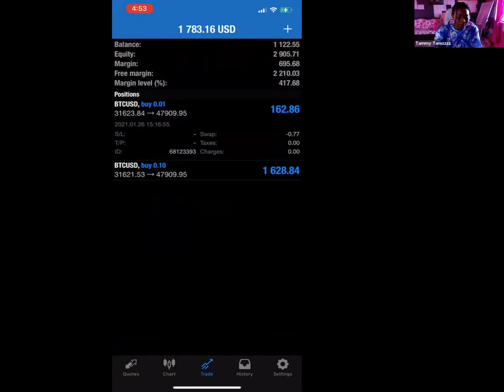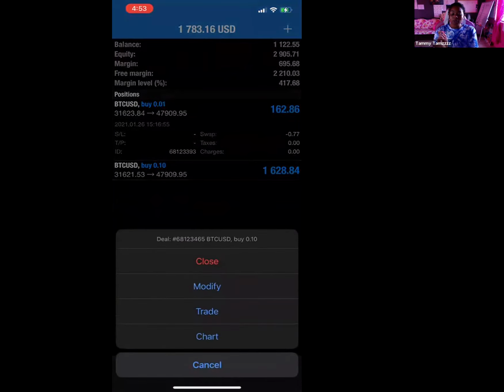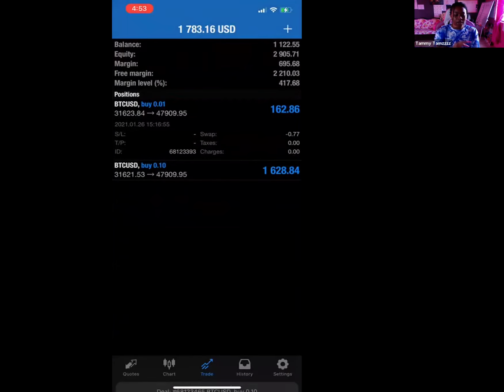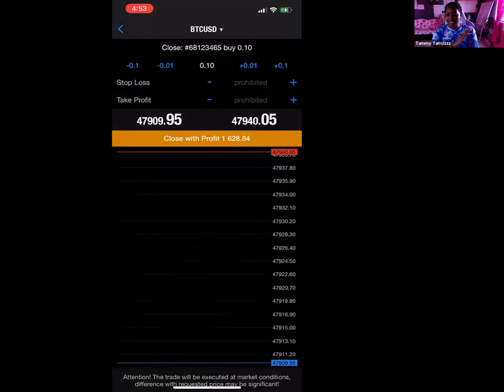So to secure partial profits real quick, you want to hold down on the trade and hit close trade. But you don't want to close the entire trade. You want to secure part of it. You see this lot size is 0.10. Let's say I wanted to close out half of that. I would adjust my lot size to 0.05, and you will see it says close with profit 814. That's how much money I would be closing if I closed the entire trade.